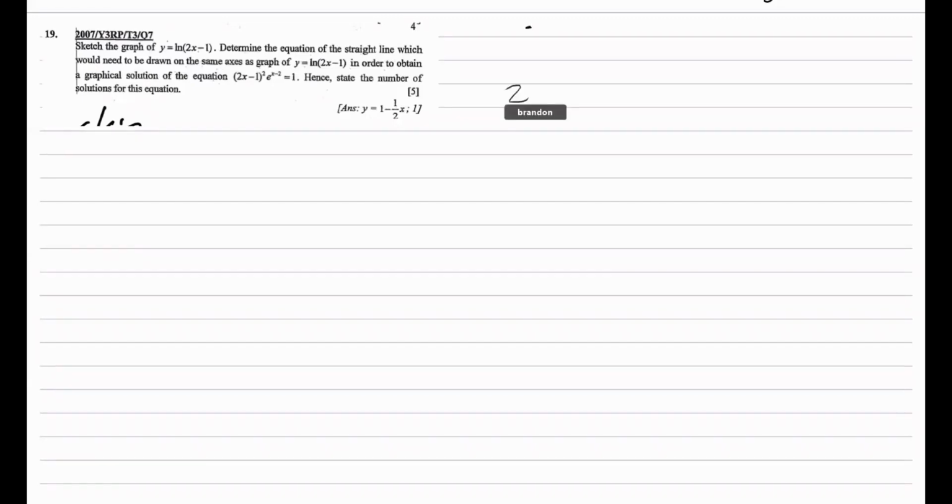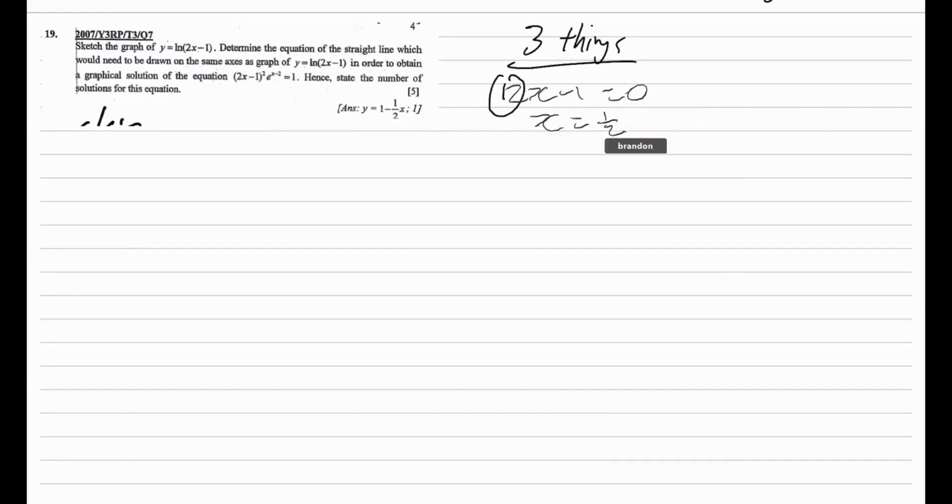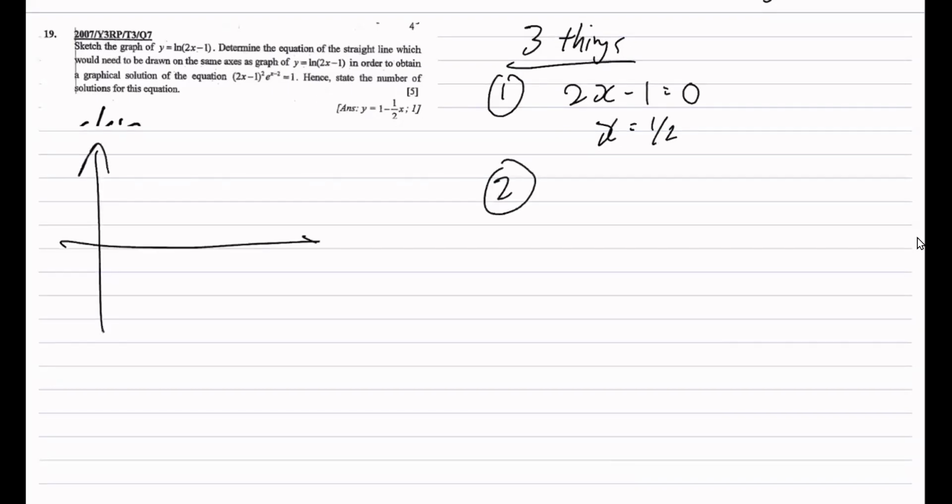So first step, okay, three things. First one, the asymptote. Equate the 2x minus 1 to 0, then you solve for x, you get a half. So x equals half is your asymptote somewhere here.